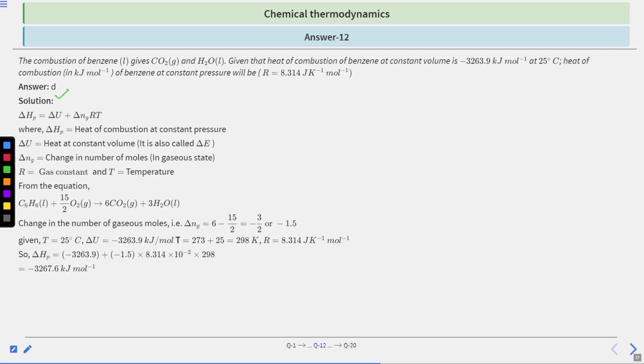So ΔH will be equal to, on putting the values of ΔU, Δng, R and T, we have ΔHp equals minus 3267.6 kilojoule per mole. Hence option D will be the correct answer.